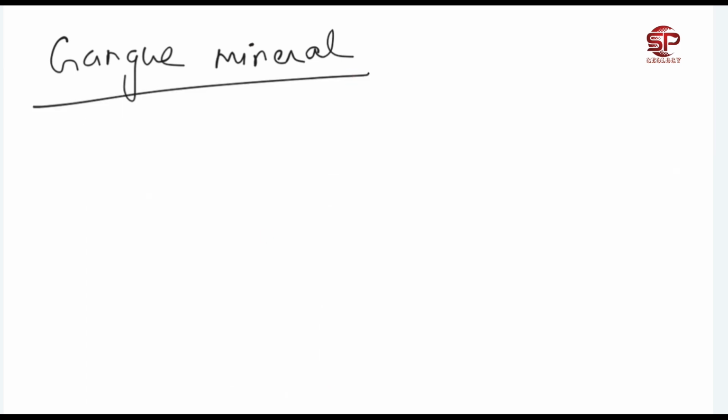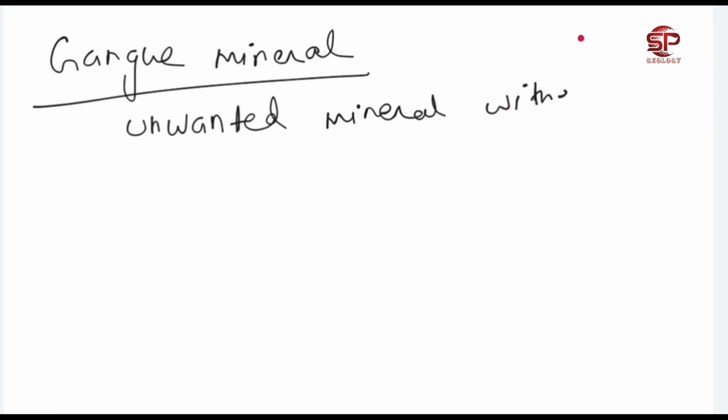An ore deposit doesn't always contain only the metallic thing that we want to extract. Along with it, other impurities are also associated, what we call gangue minerals. Gangue minerals, you can say, are unwanted minerals within an ore deposit.